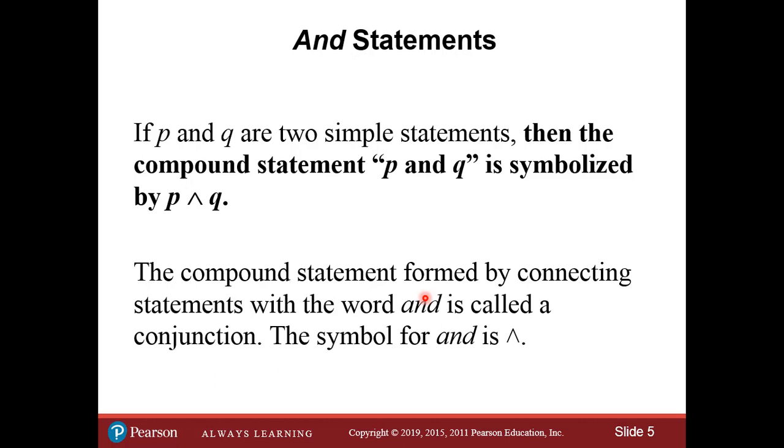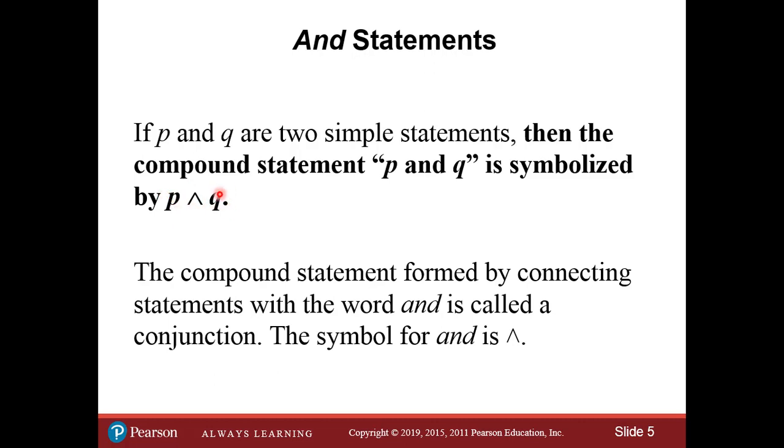Now, if we use P and Q to represent simple statements, then we could use the compound statement P and Q, which is symbolized by using this caret, this upside down V. So this represents the compound statement P and Q. So I could say P could be the statement, I'm going to the movies.